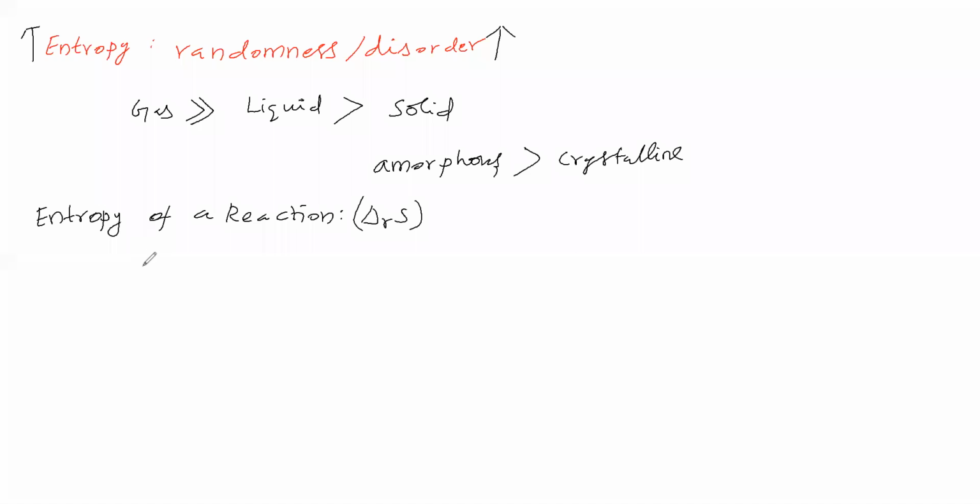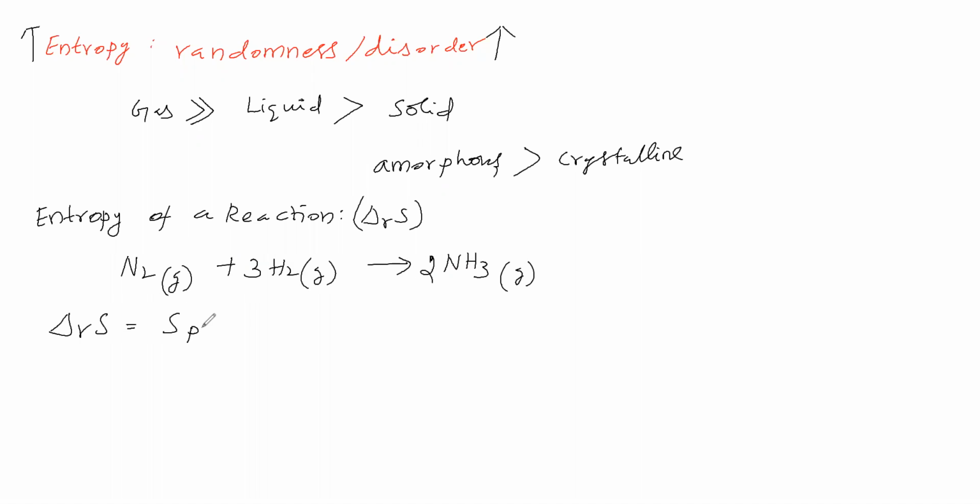Let us take an equation. Now we are writing the equation. We will take Haber's process, nitrogen combining with hydrogen to give ammonia. For this Haber's process, what is the entropy of the reaction?